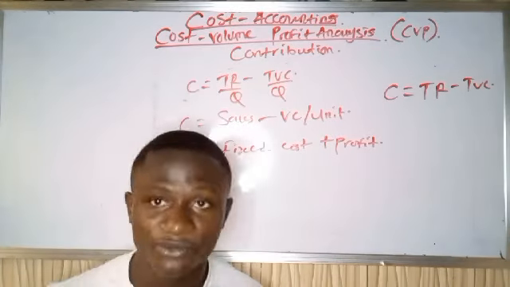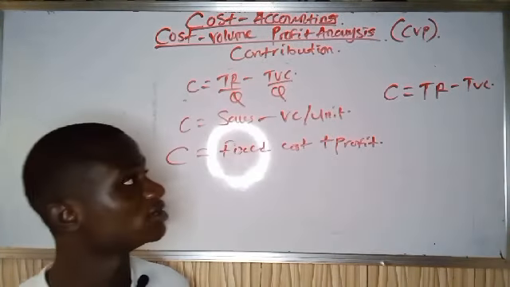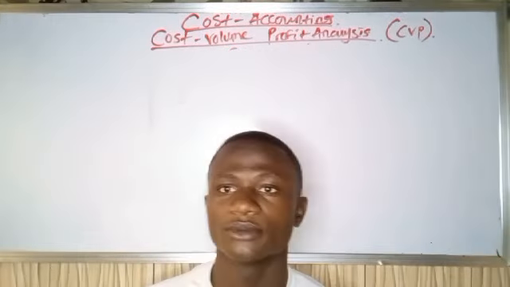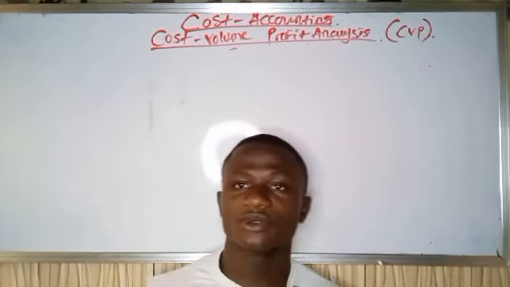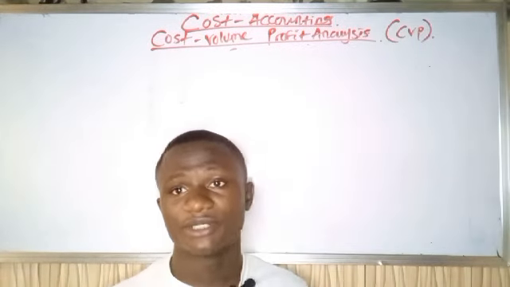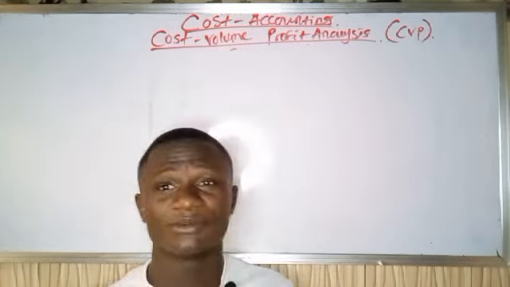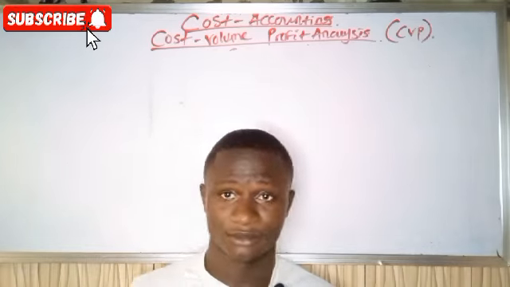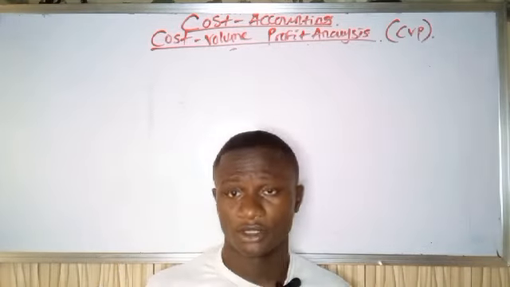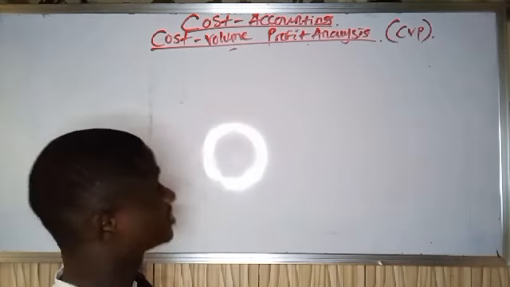So let's establish more formulas that we will use in solving this question. The next formula we are going to establish will be from the break-even formula. Don't forget that it's from the break-even formula that we also established our contribution formula.